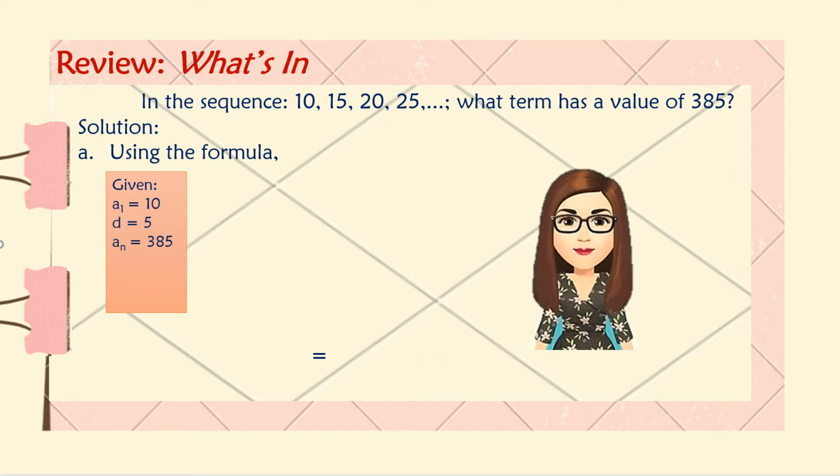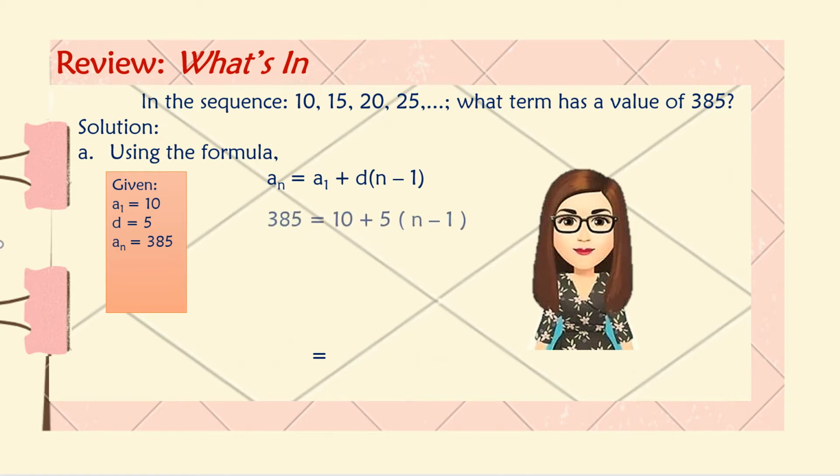Hanapin natin ano ba yung mga given. We have our first term, which is 10. The common difference is 5. Paano natin nakuha ulit yung common difference? Subtract lang natin yung first term sa second term. So, that is 15 minus 10, which is 5. Ang common difference natin ay 5. And then, yung a sub n natin is 385. Yun yung given.